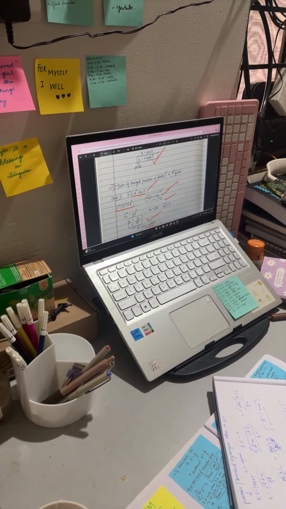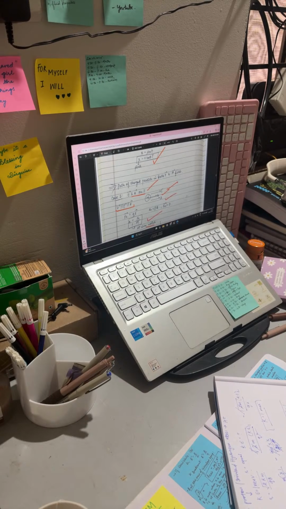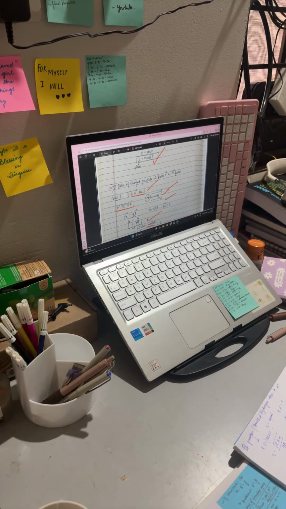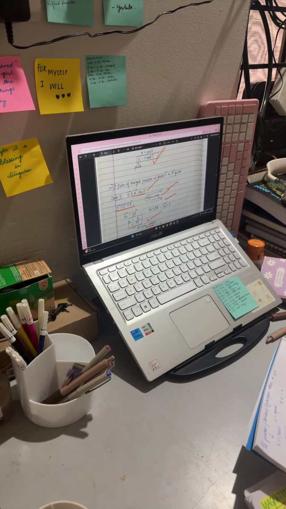Path of a charged particle in both E and B. Case 1 is E and B are parallel, so V is parallel to B. V parallel to B gives force equal to 0.